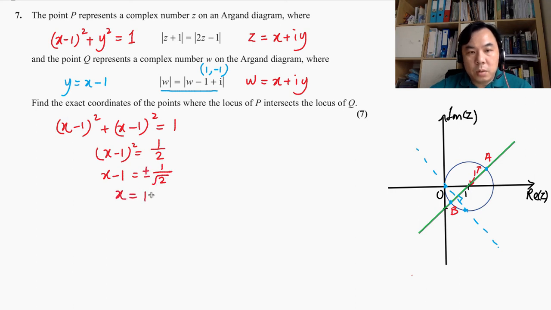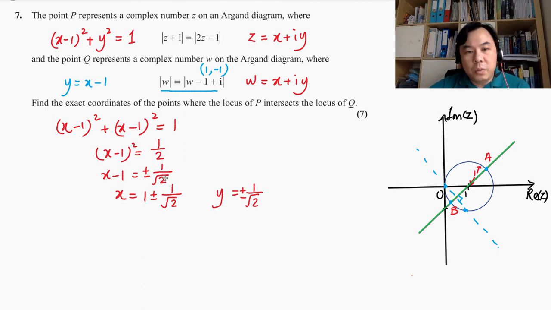Therefore, x is equal to plus or minus of this. All right. And then for the y we will be able to get it from here. So when x is positive, then we will have 1 over root 2. And then y is negative, in this case we will get negative 1 over root 2.